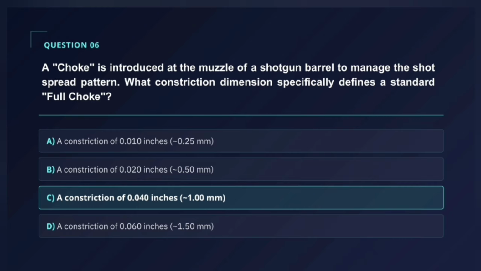Shotgun chokes alter the spread of the pellets. For your exams, remember that the standard measurements are: an improved cylinder is a 0.010 inch constriction, a modified choke is 0.020 inches, and a full choke features a tight 0.040 inch constriction. So remember these measurements.